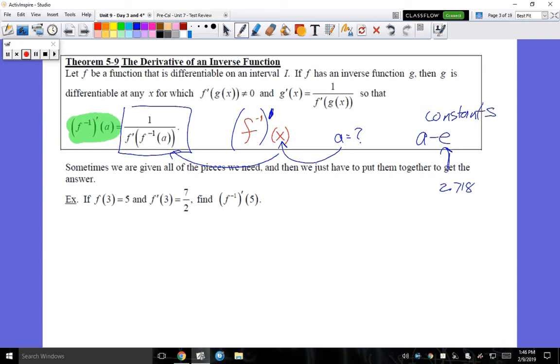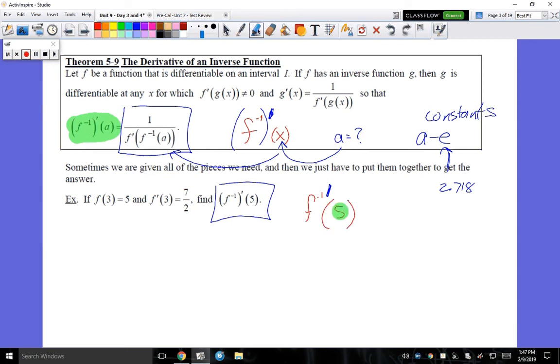It says sometimes we are given all of the pieces we need and then we just need to put them together to get the answer. For instance, we are looking to find the derivative of the inverse of f of x function, specifically evaluated at 5.